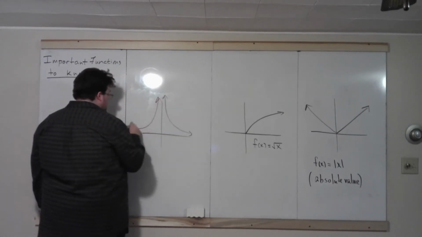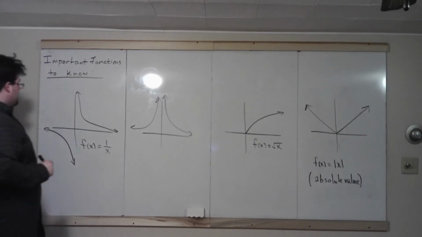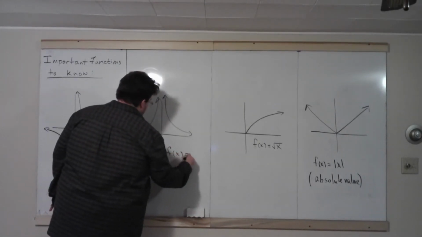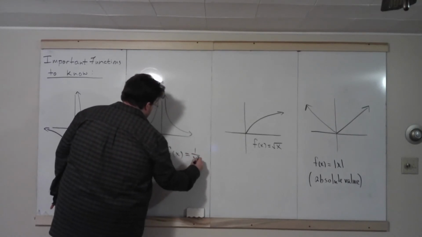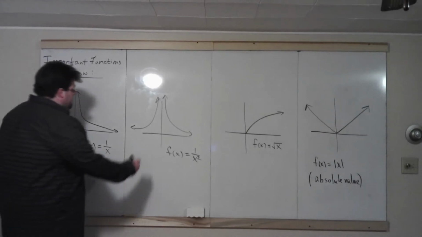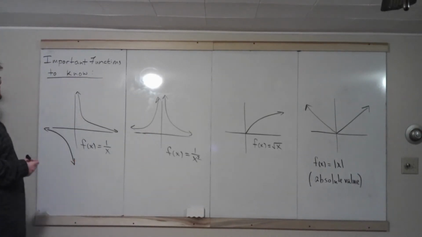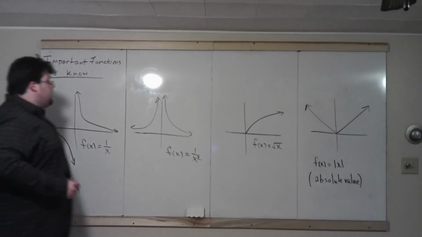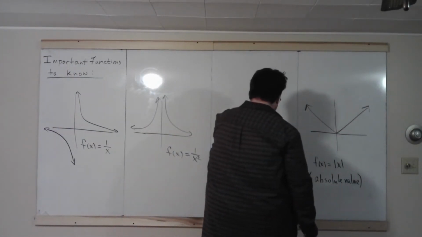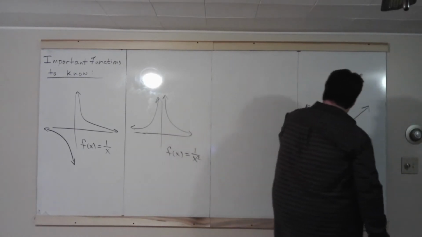Here, it's a similar situation, but we're going to put that in the second quadrant by squaring. F of x equals 1 over x squared. We're going to see these two curves a lot when we get into calculus next week with limits. Vertical asymptote, horizontal asymptote. Again, more on those in a moment, but for now, that's what that function looks like.